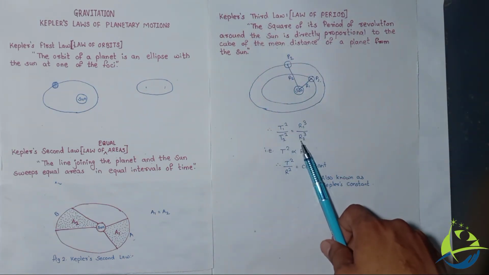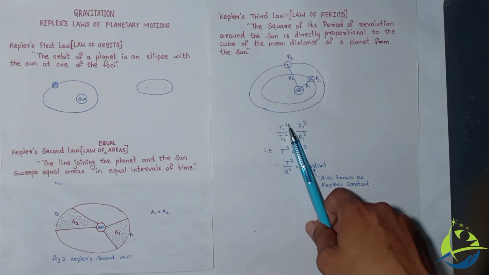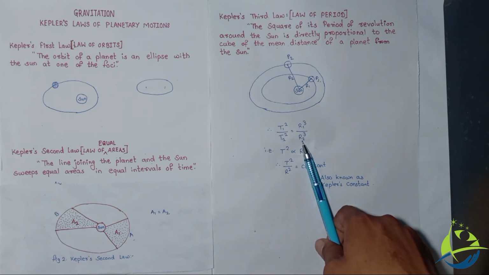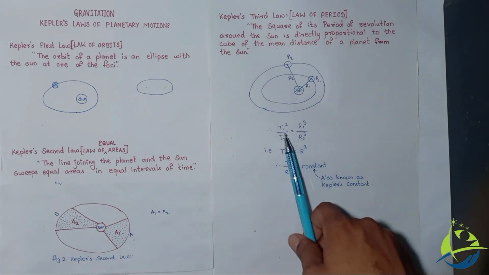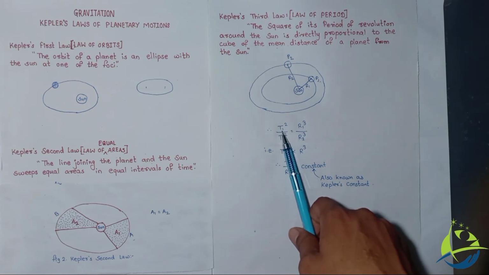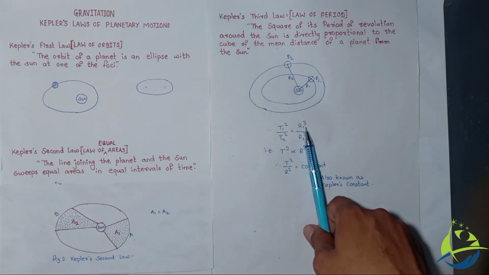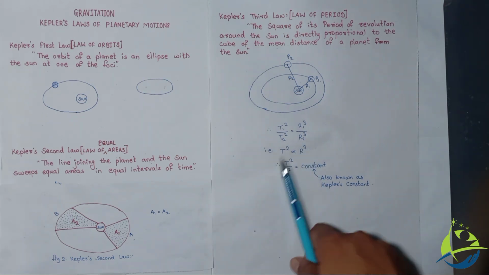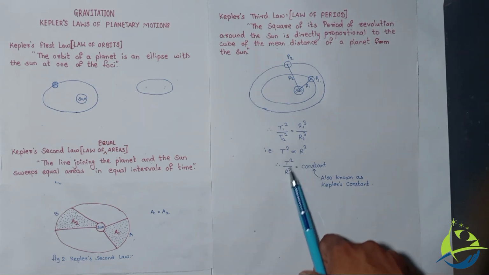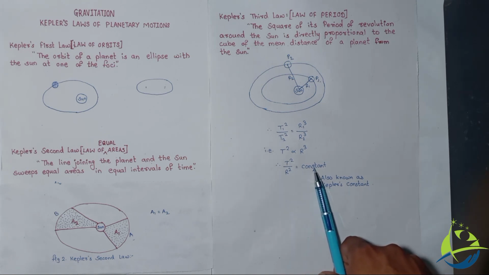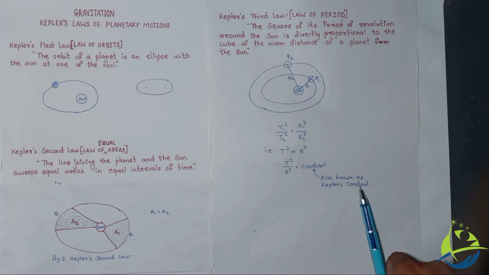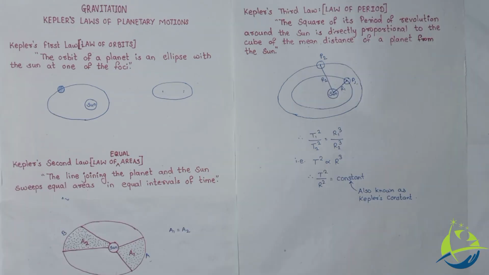Again for P2 it will be R2 cube, meaning T1 square upon T2 square is equal to R1 cube upon R2 cube. Now we can say that T square is directly proportional to R cube. Taking the right part to the left side, it will be divided: T square by R cube is equal to what? Constant, and this constant is also known as Kepler's constant. In this way we have completed Kepler's laws of planetary motions.